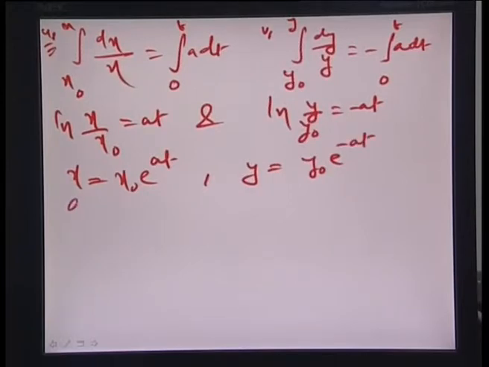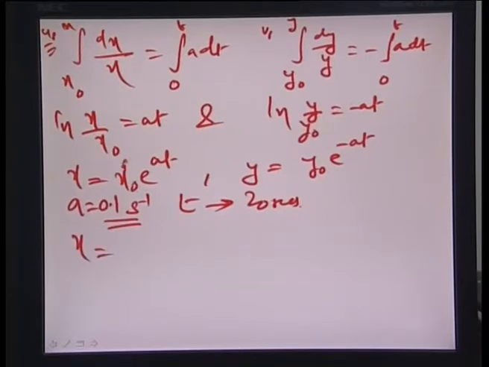Now, we already know the value of a to be 0.1 second inverse, and the time here really is from 0 seconds to 20 seconds. Which means the new x coordinate here, assuming x0 to be 2 and y0 to be 8 as the two different points through which this earlier streamline would have passed, can be found.